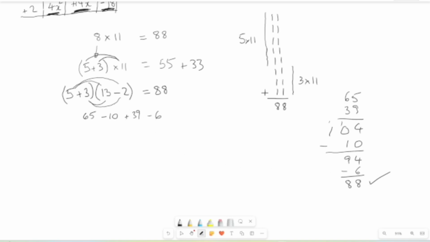So we can't ignore any of the elements in either bracket. It's got to be everything times everything else. Otherwise, we wouldn't be multiplying by 11.